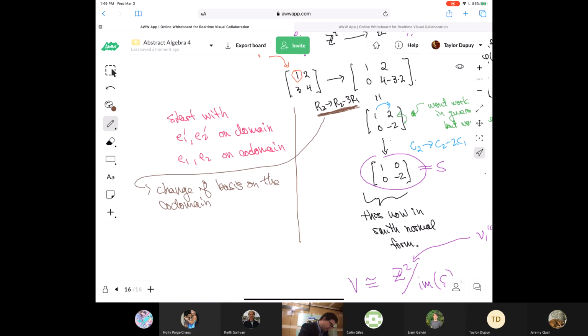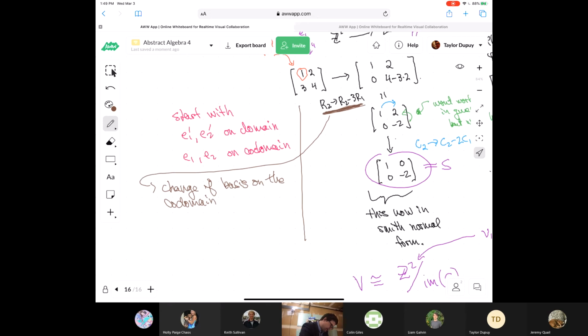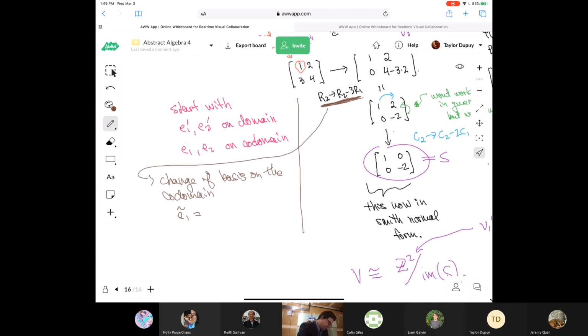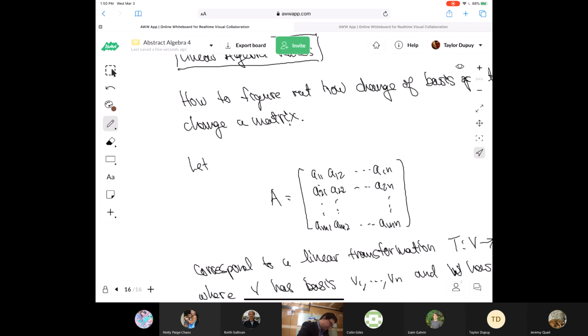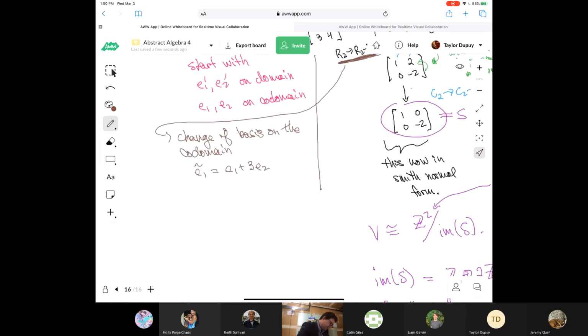And it says R1, so it says that E1 tilde is equal to, so we had 3, so E1 tilde is equal to E1 plus 3E2, right? So I think that's correct.